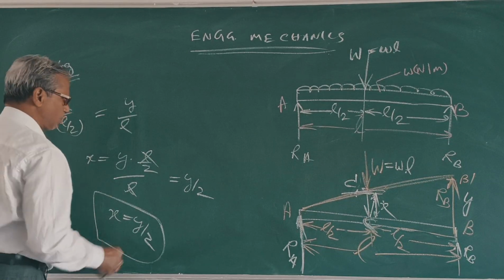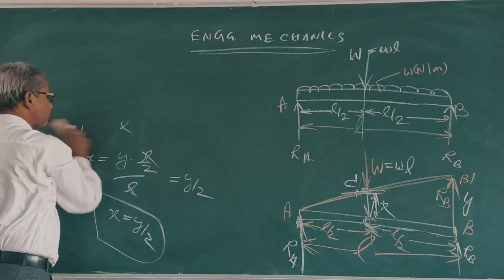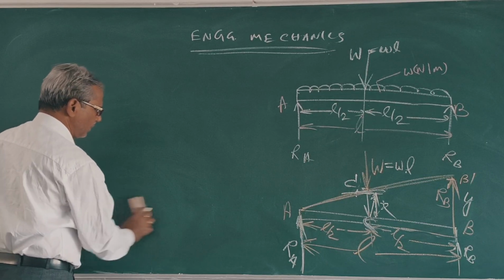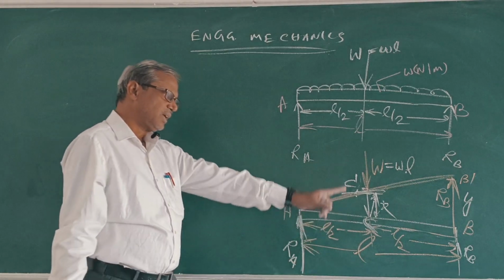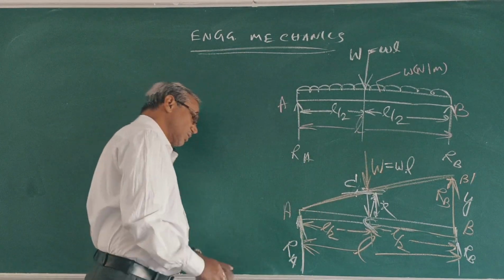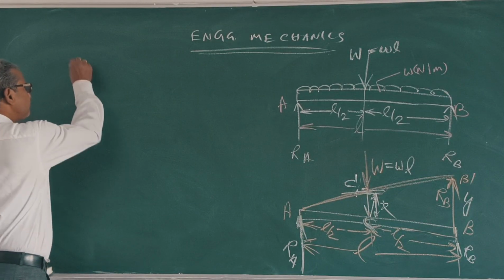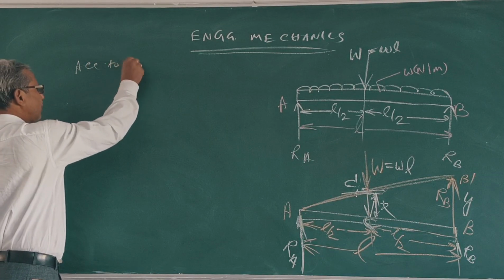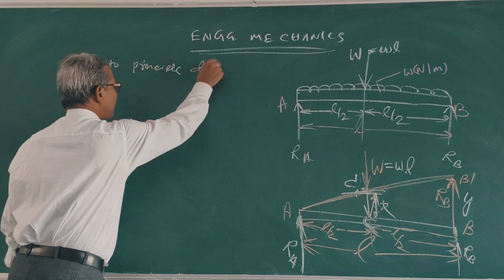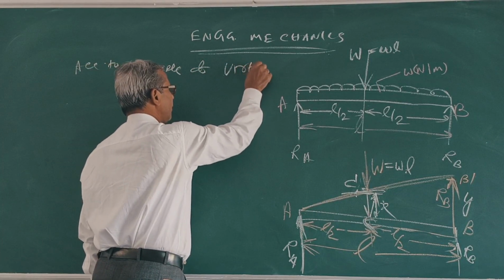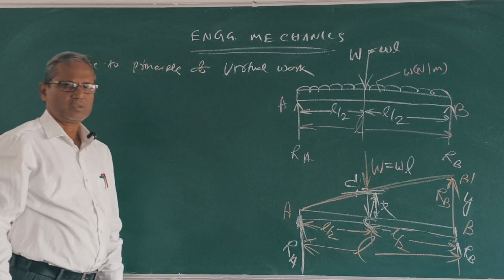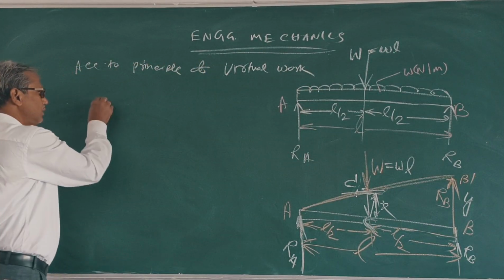Now apply principle of virtual work to the entire beam. There are three forces: RB, W, RA. According to principle of virtual work, sigma virtual work is 0.